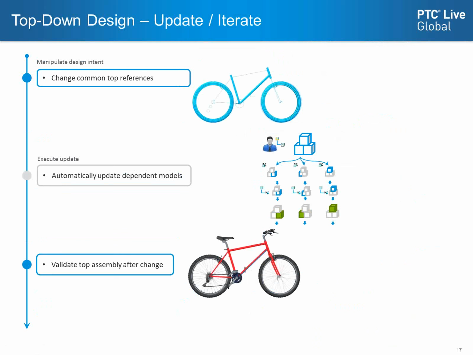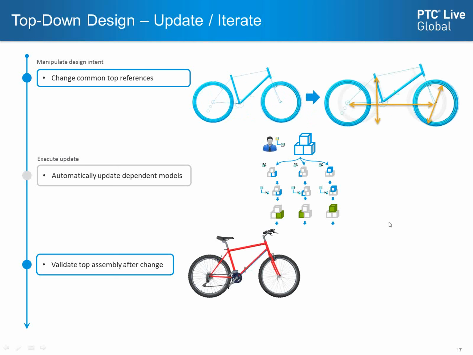Now the real strength comes when you start making iterations to the design. Since everything is captured in this single object that contains the entire design intent, I can easily change the design very quickly without doing multiple subsequent changes to the components that are already designed. So let's say I want to change these dimensions in the skeleton.